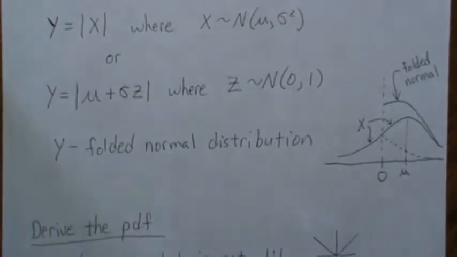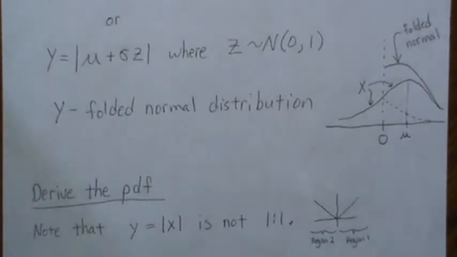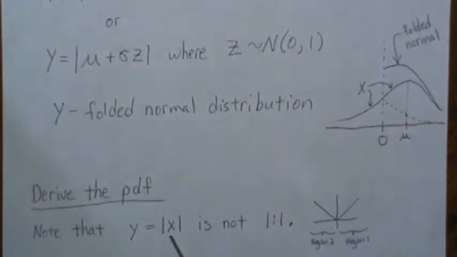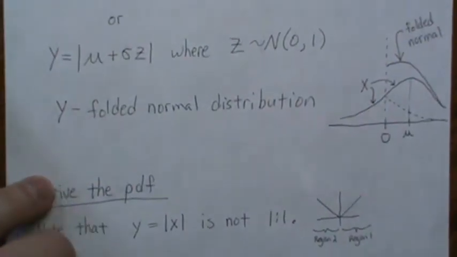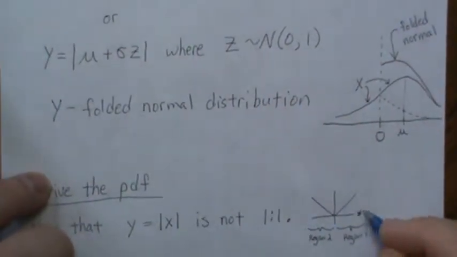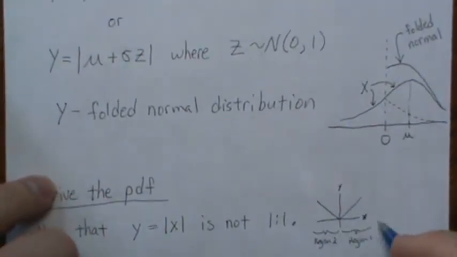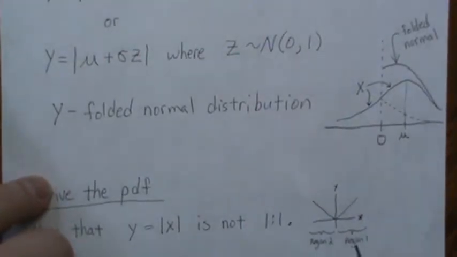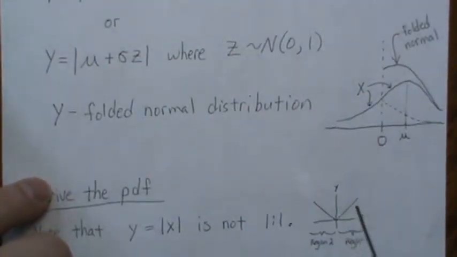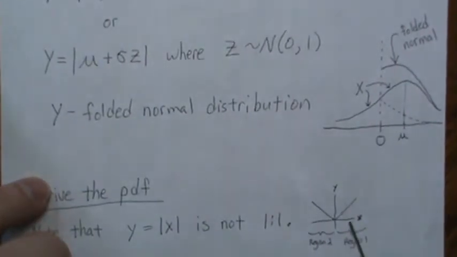So first, let's derive the distribution, and note that y equals absolute value of x is not a one-to-one function. Whenever you're doing a transformation, you have to break it up into regions that are one-to-one. If this is x down here and this is the y axis, the abscissa and the ordinate, and we break it up into region 1, then this little piece is a one-to-one function.